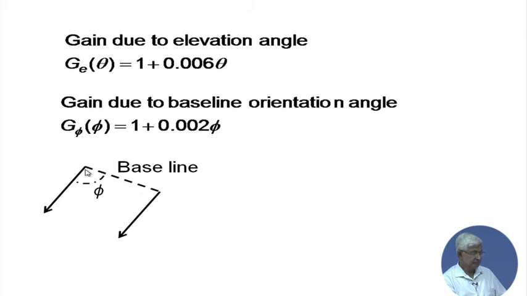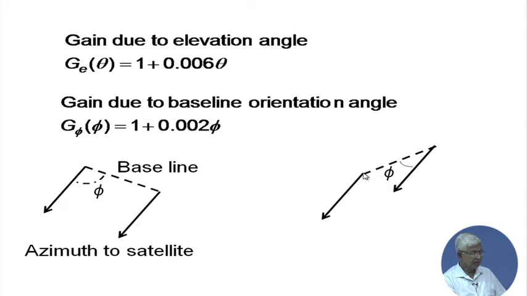You can see pictorially the baseline is now directly, this phi is almost 90 degrees towards the satellite. If the baseline is oriented slightly differently, you can see the diversity, this much distance you get, whereas here you get this much distance diversity advantage. So it is based on the azimuth towards the satellite, where the baseline is.